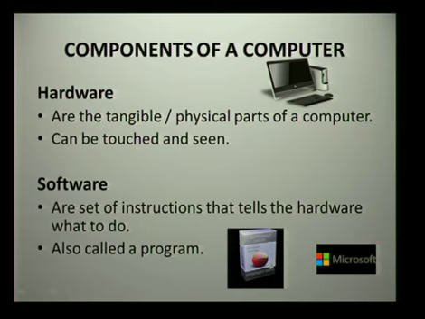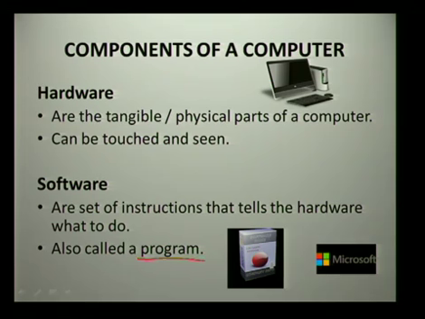But another thing that is important is that your software is different. We have your application software and you have your system software. Now, take note of those words, which we'll discuss later on. Now, software, do not be surprised when you see or hear someone saying a program. They're also referring to software.